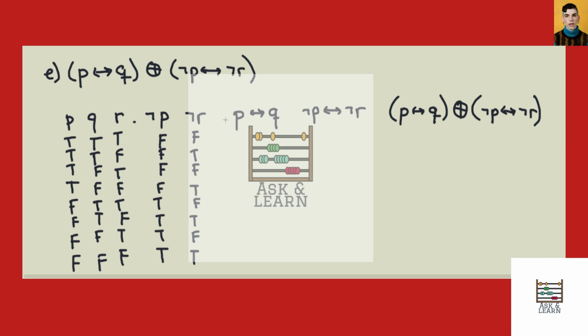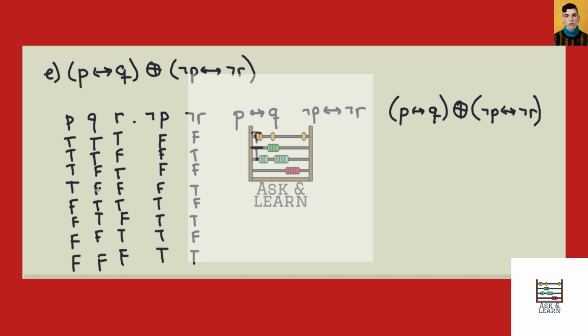So proposition P, biconditional, proposition Q. We look at the first two columns, and we know that both their truth values have to be the same in order for it to be true. Anything else, it'll be false. The first two rows, you see they're both true.